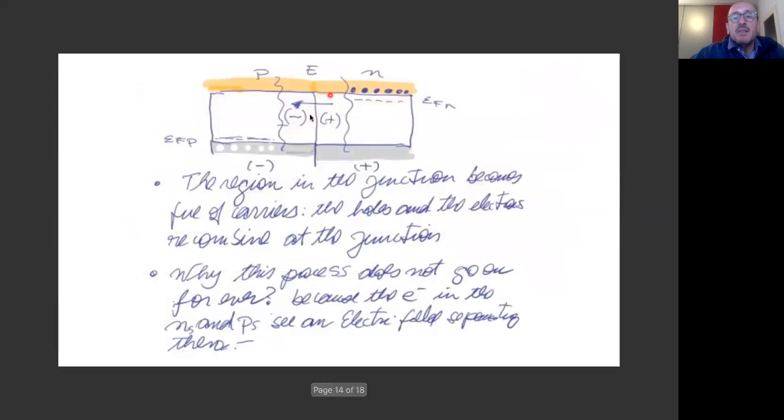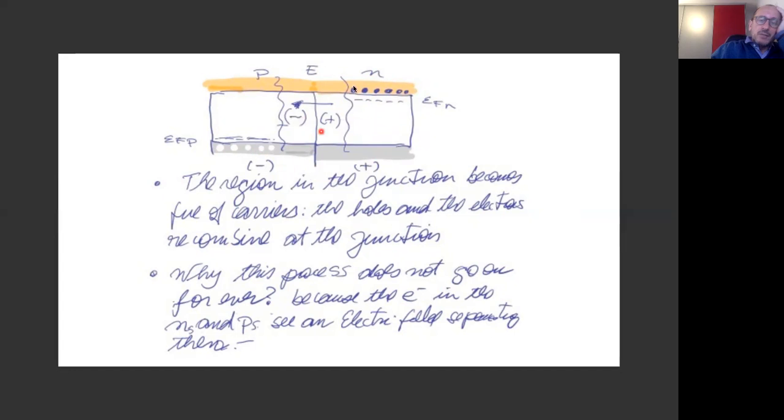So these guys start to recombine with each other, and they generate a region where there are no carriers. These are the holes that could move in the valence band, and these are the electrons that could move in the conduction band in these two chunks of material. But down here, you find a recombination, and the question is, why does this process not go on forever?